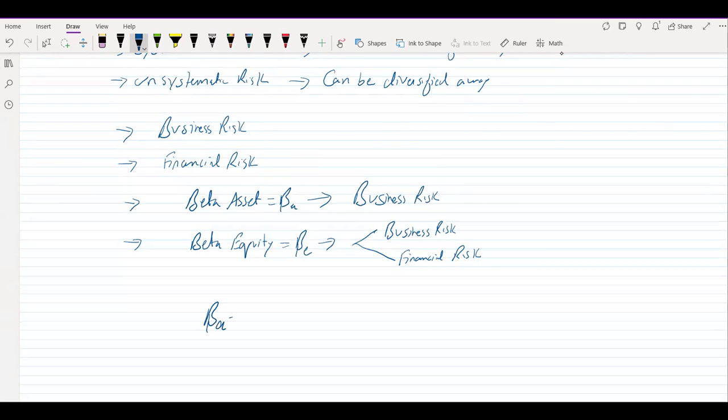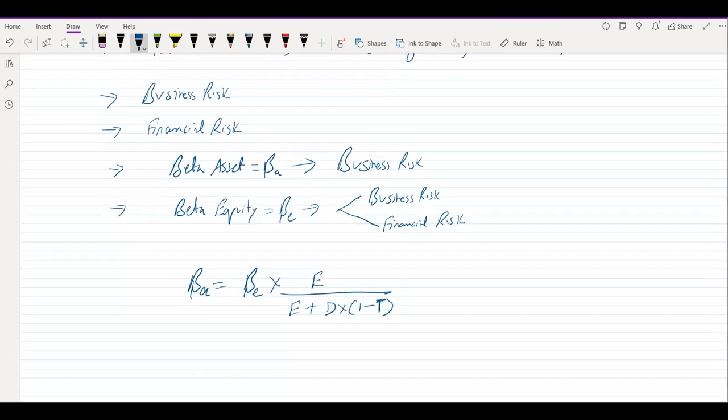So beta asset is equal to beta equity into market value of equity divided by equity plus debt into 1 minus t. और अगर beta debt हुआ, if there is any beta debt, so formula will be debt into 1 minus t divided by equity plus debt into 1 minus t.